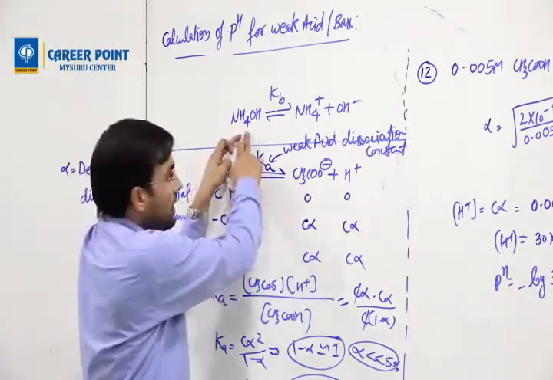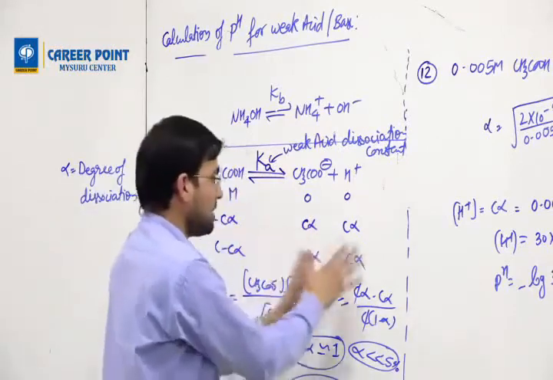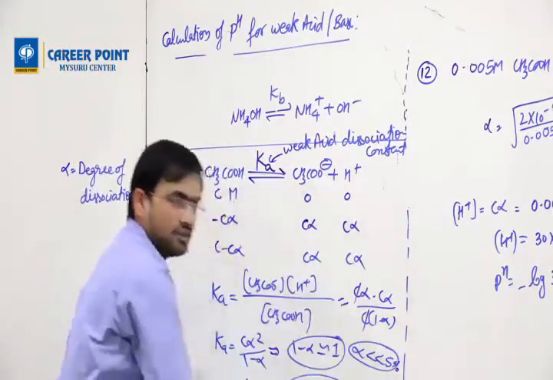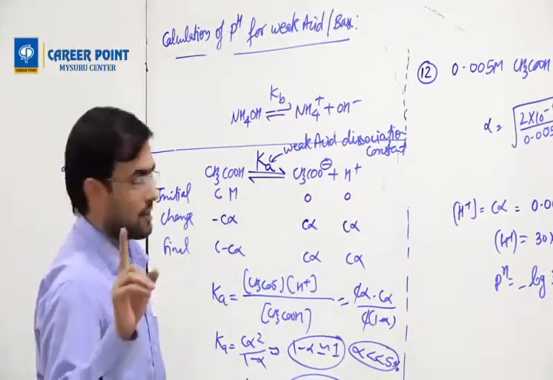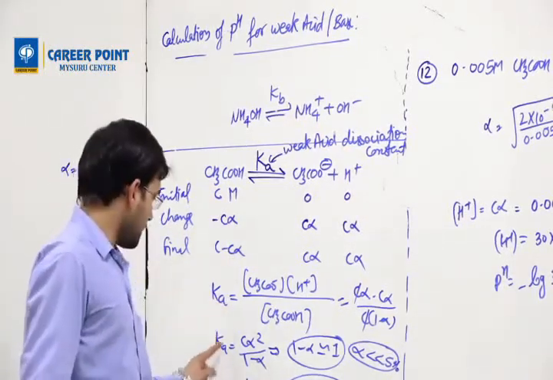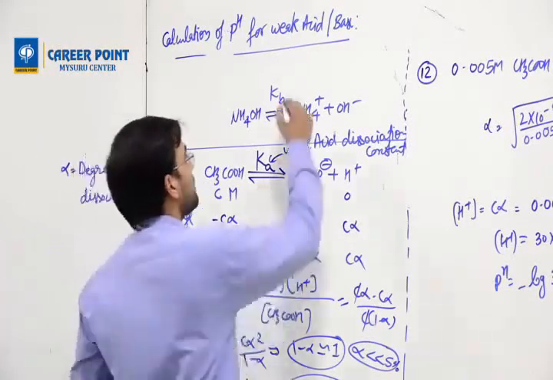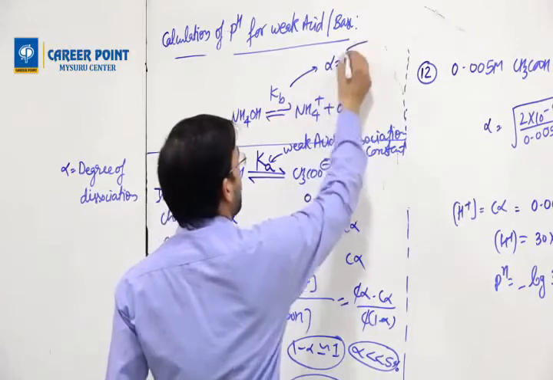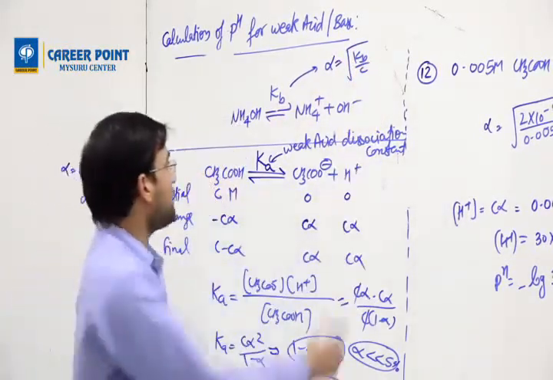Initially C molar, 0, 0; change minus C alpha, C alpha, C alpha; at equilibrium C minus C alpha, C alpha, C alpha. This is all the same. What is the difference? Instead of K, it is Kb. So for this we have alpha equals what? Root of Kb by C. This is the formula.